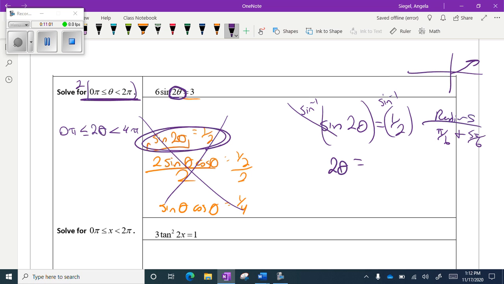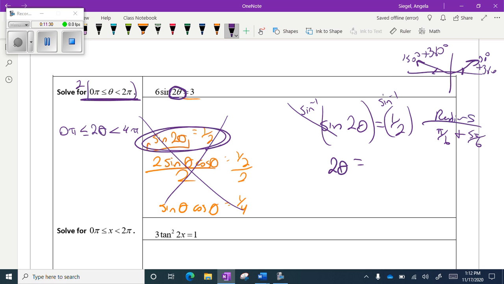So let me show you. So here and here, this is 30 degrees, this is 30 degrees. Normally we would say 30 and 150, but because we're dealing with radians, I'm going to say pi over 6 and 5 pi over 6. Okay, now this is going to hurt your head a little bit, but now we're going 2 times around the circle. If I were thinking about it in terms of degrees, I would add 360 degrees to it.